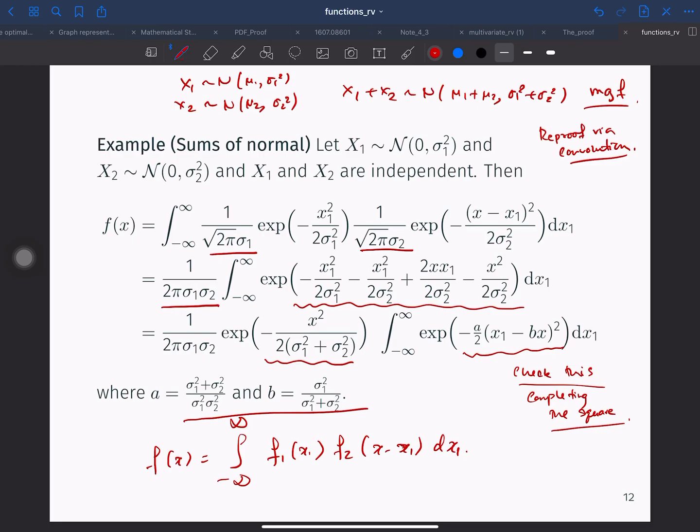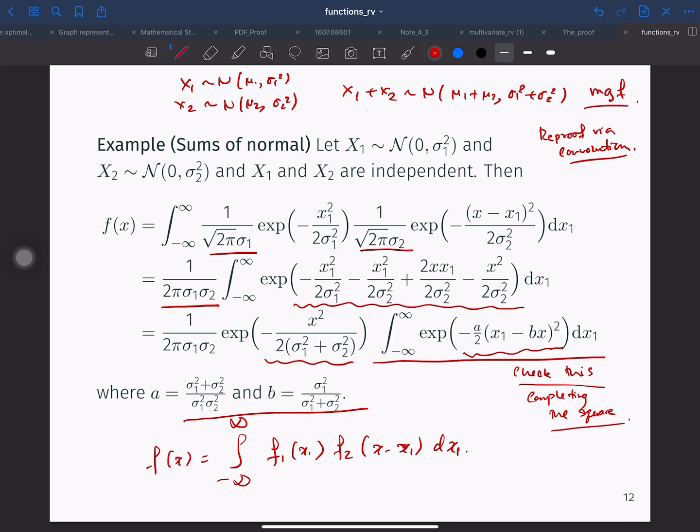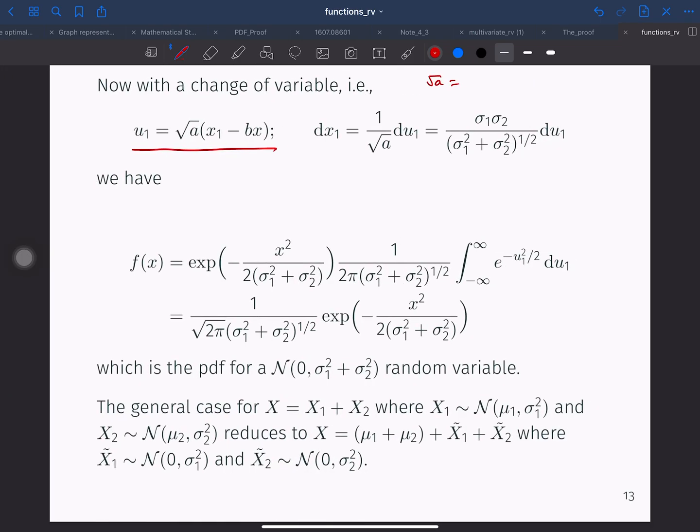So it turns out that the inner integration here can be converted into a change of variable by defining u1 this way, where we define square root of a, as we claimed earlier, where we defined earlier a to be sigma 1 squared plus sigma 2 squared divided by sigma 1 squared sigma 2 squared.